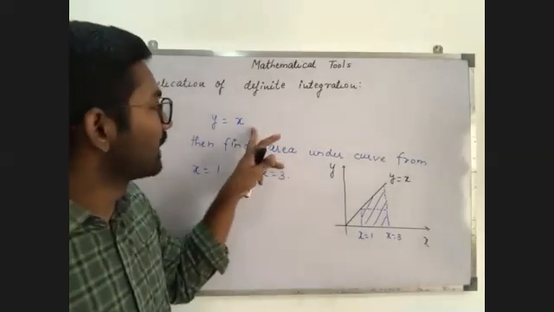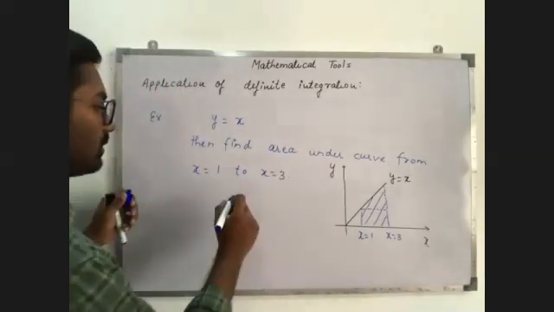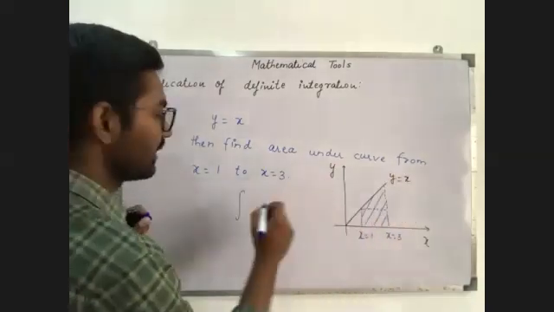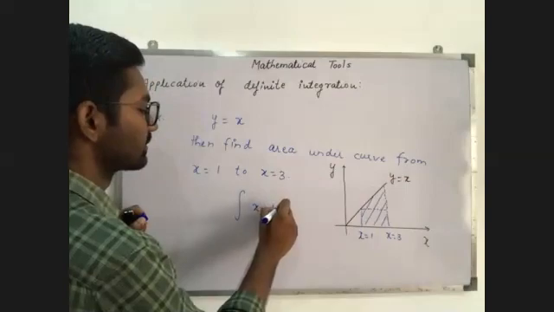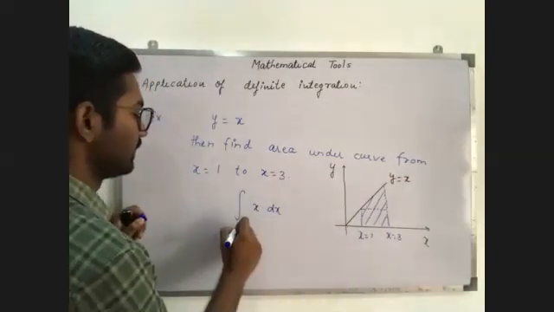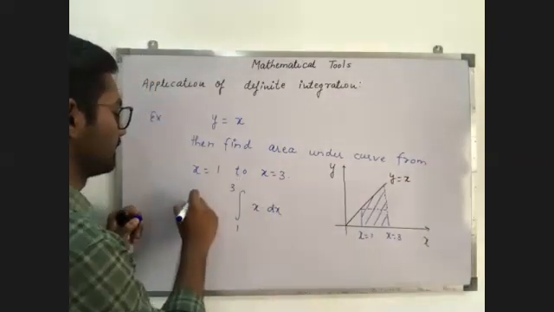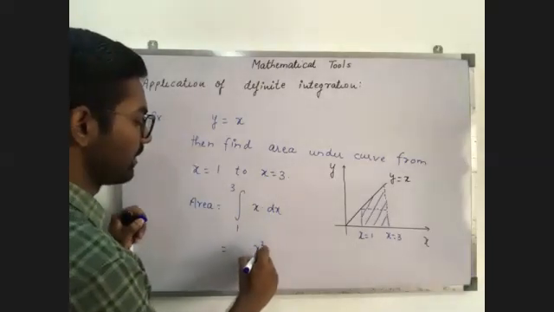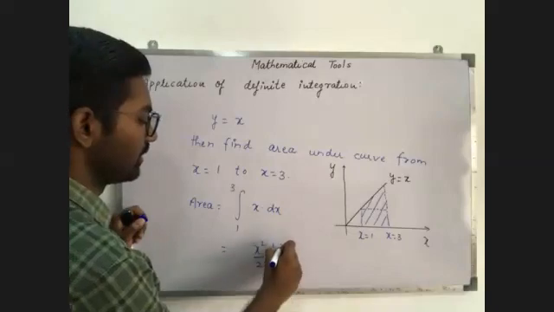If I want to calculate the area, what will I do? I will use f(x). So can I say that the function is nothing but x? So integral of x dx from 1 to 3. This is nothing but the area. So it is x squared by 2 from 1 to 3.